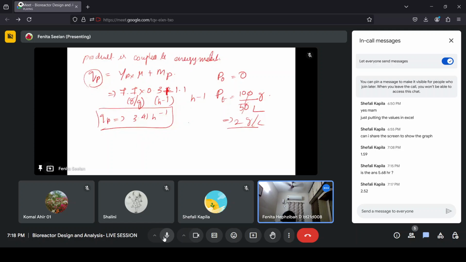For this, the batch time calculation is as follows. 1 by mu max ln of 1 plus mu max divided by X naught into QP, into PF minus P naught.